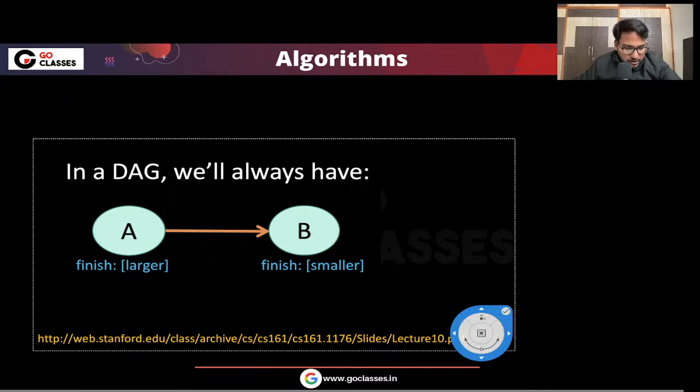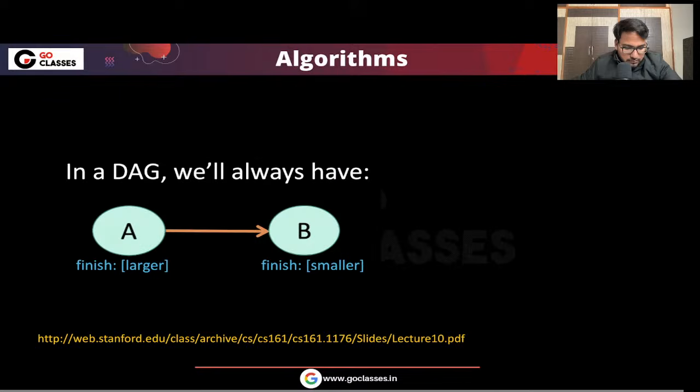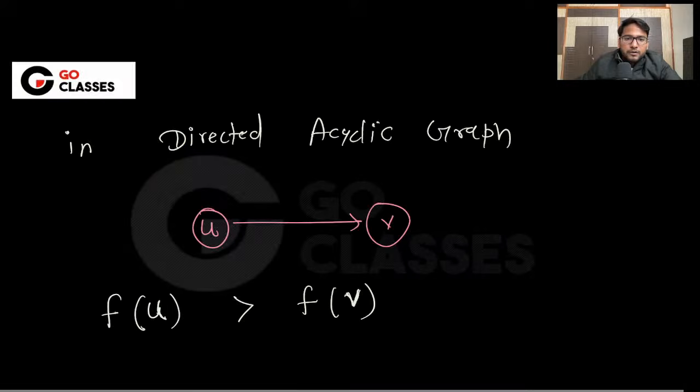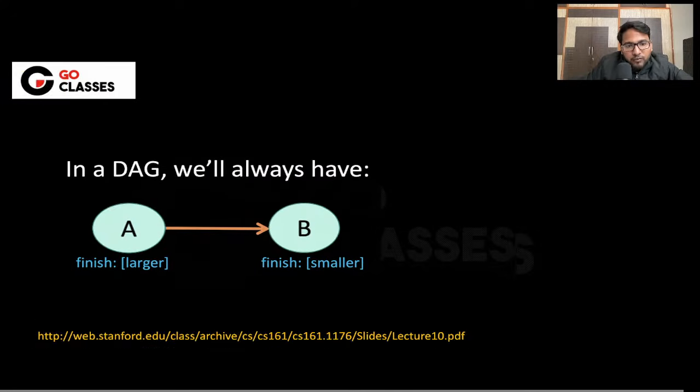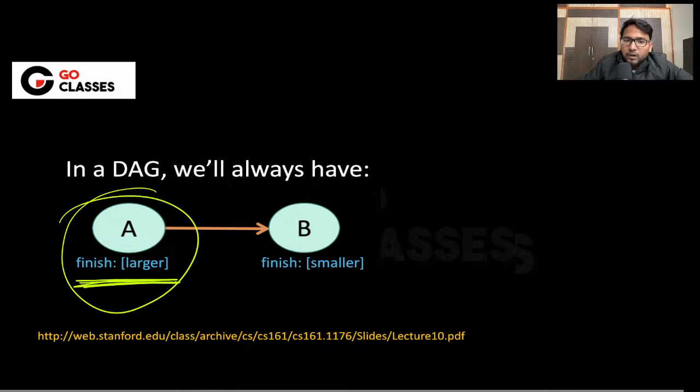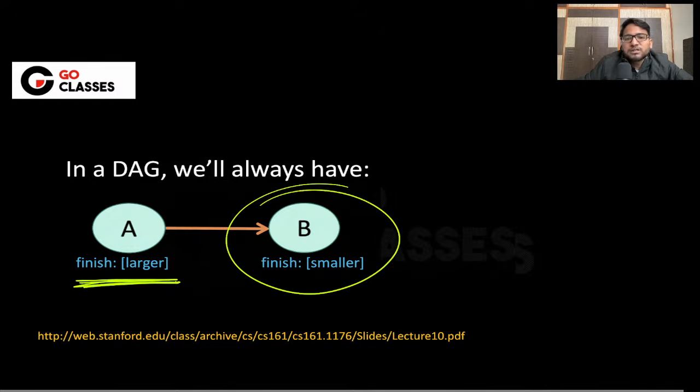In a DAG we always have this. This is also what Stanford says. If you see, this is a screenshot from Stanford. Okay. In a DAG for any edge, we always have this finish time larger. Obviously you will be finishing it later on.